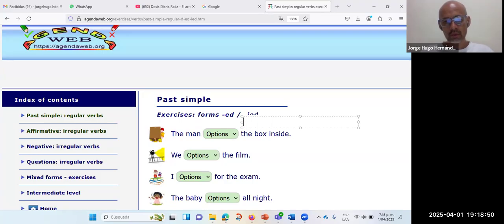But let's see. What is the verb here? Enjoy. There is a Y, but before the Y there is a vowel. So you don't change. You add ED, okay?